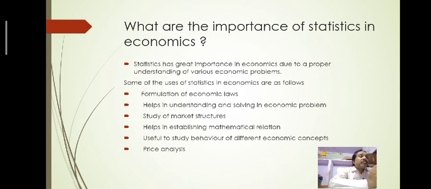So how is it helpful in mathematical relations? Here we can take some example of demand for the quantity, demand for the commodities, which can be used to estimate the mathematical form of demand relation between two variables. First, it may be the price, other is demand.